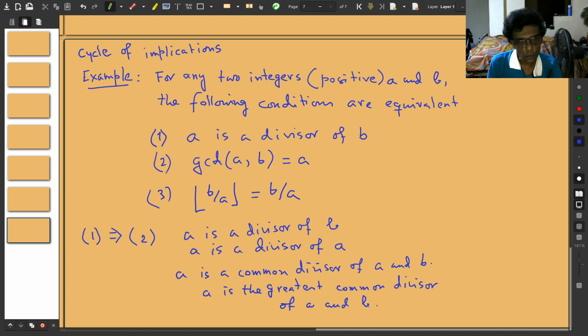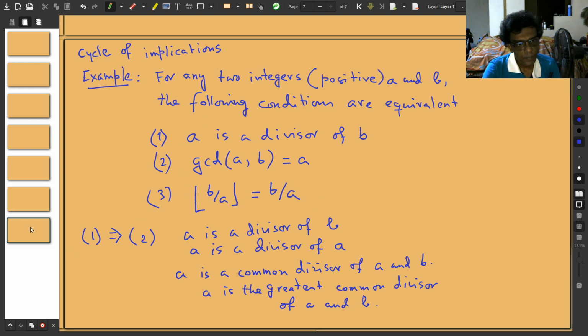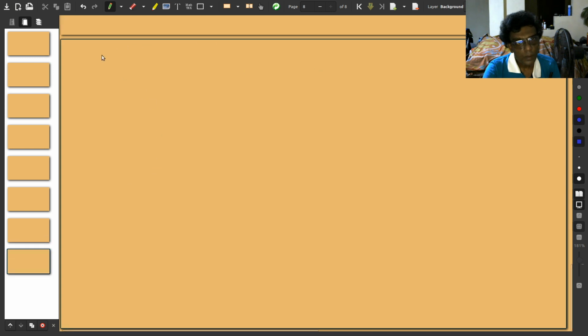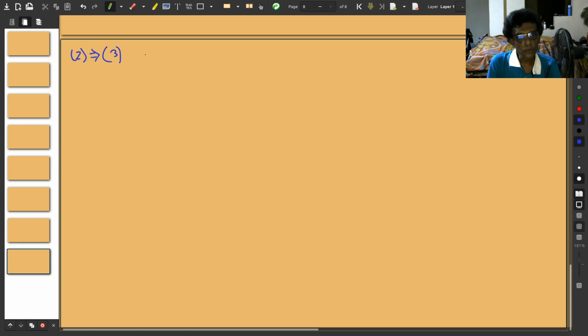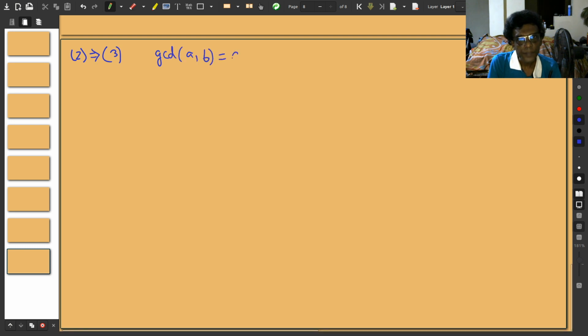I have to show 2 implies 3 and 3 implies 1. So, what does 2 say? 2 says that the assumption is that GCD of A and B is A, right?